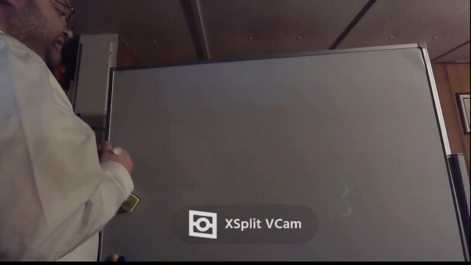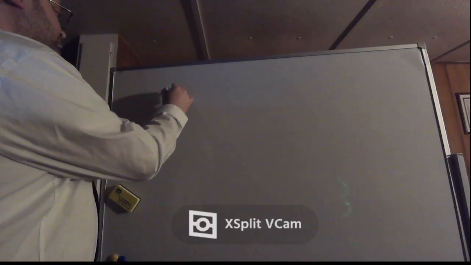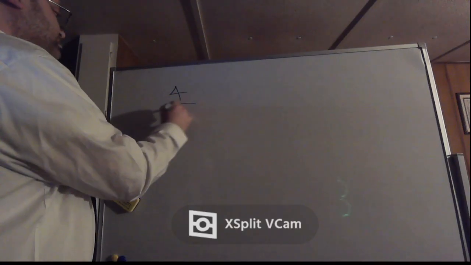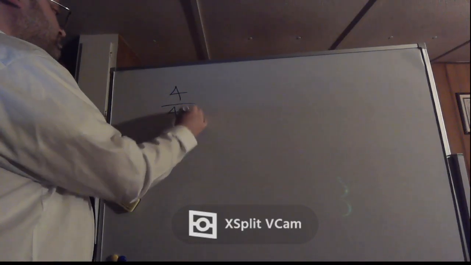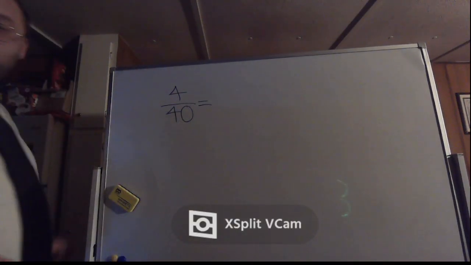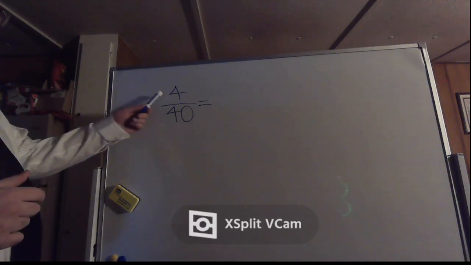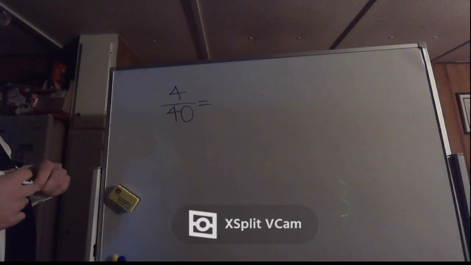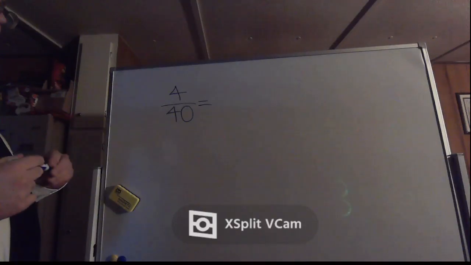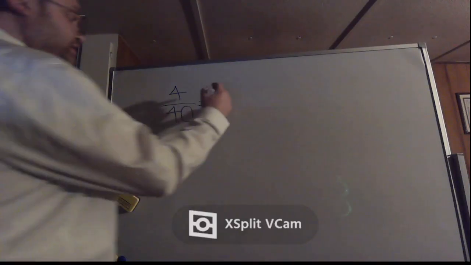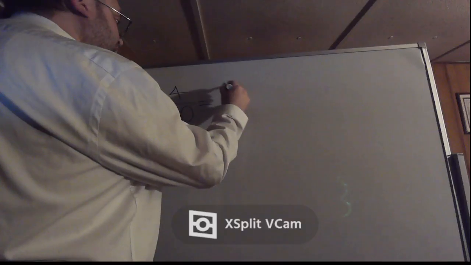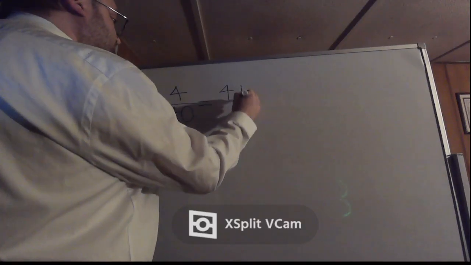Alright, let's see here. What if I gave you 4/40? Do both have a common 4 that you can factor out? Do both of them have factors of 4? They do, actually. 4, you're going to have 4 and 1. Those are factors.